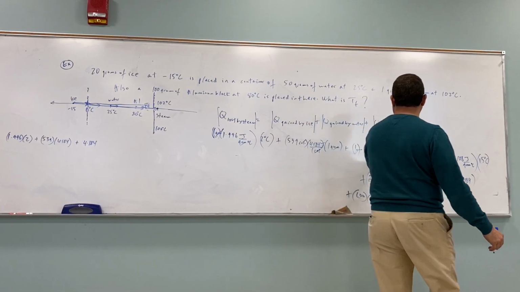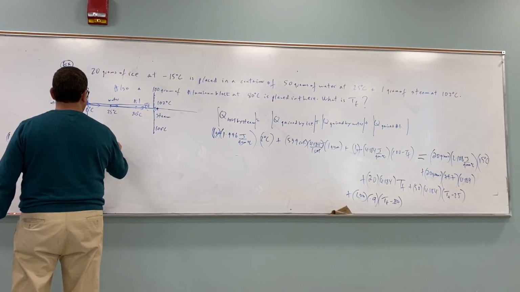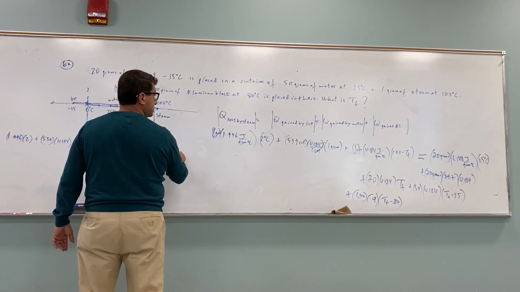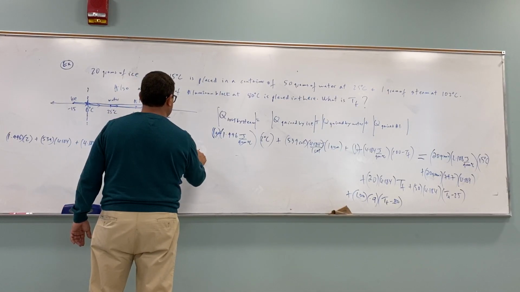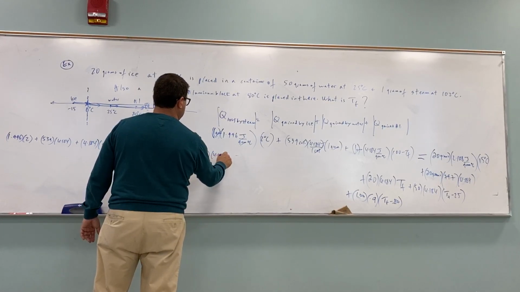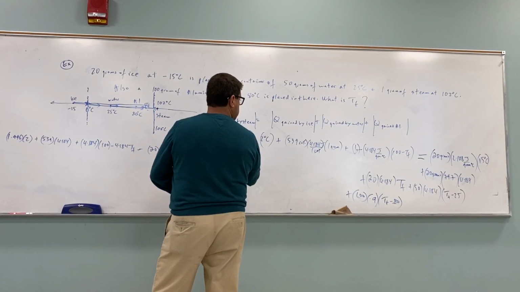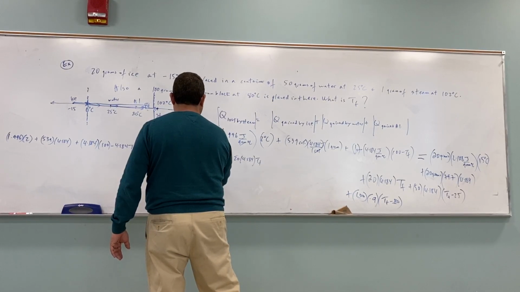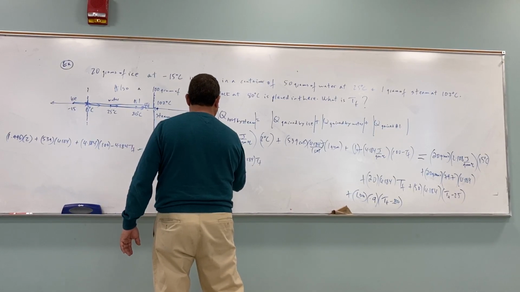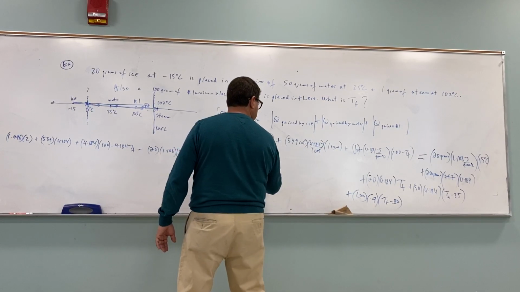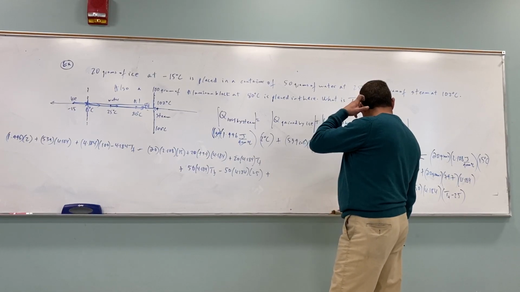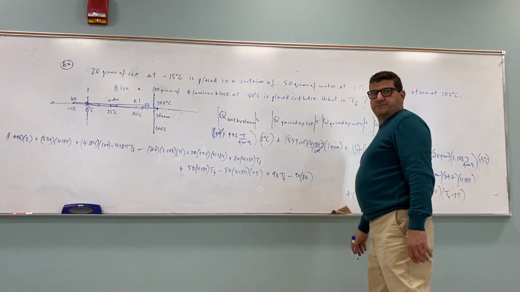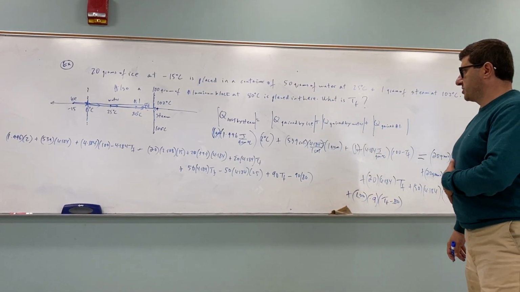I'm going to distribute this into this times 100 minus 4.184 TF. 20 times 2.108 times 15. 100 times 0.9 is 90. Right? So now collect like terms.